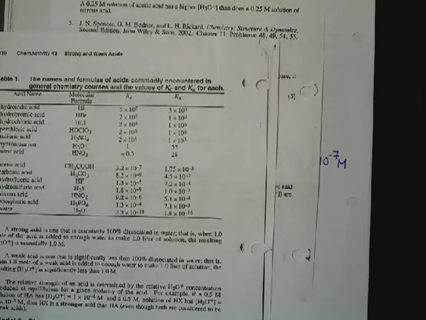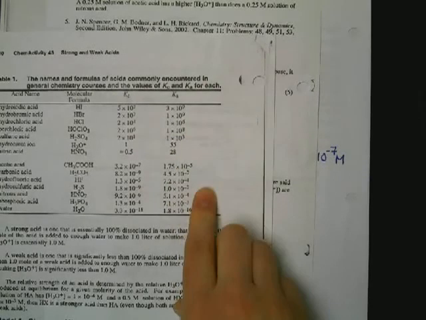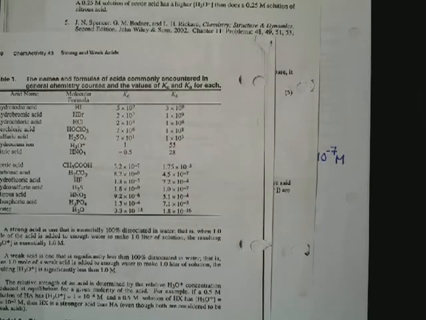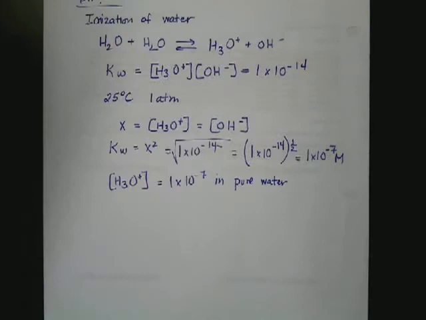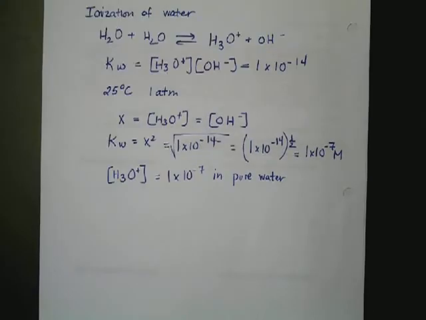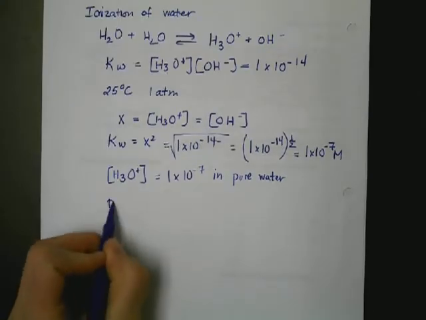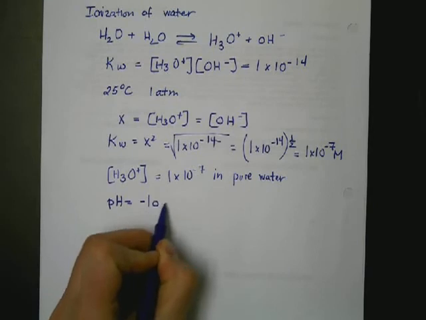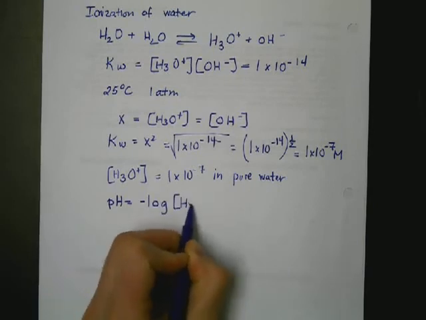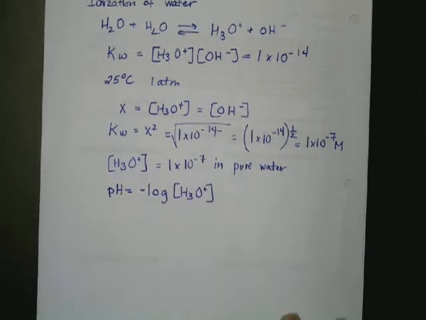So instead of looking at numbers in scientific notation, we use the log function to take them out of scientific notation but still be able to compare their magnitude much more easily. We use the negative log function so that we don't have to deal with negative numbers. So pH is equal to the negative log of H3O plus, or H plus. Remember, those are the same.